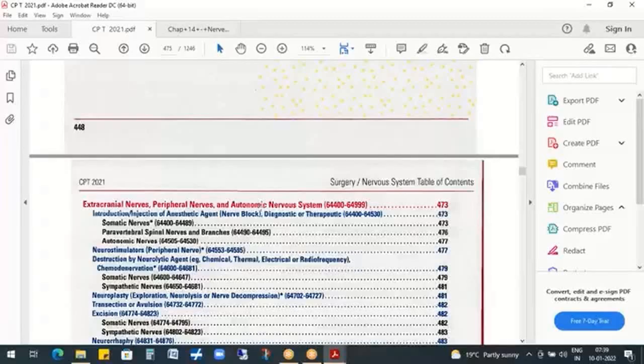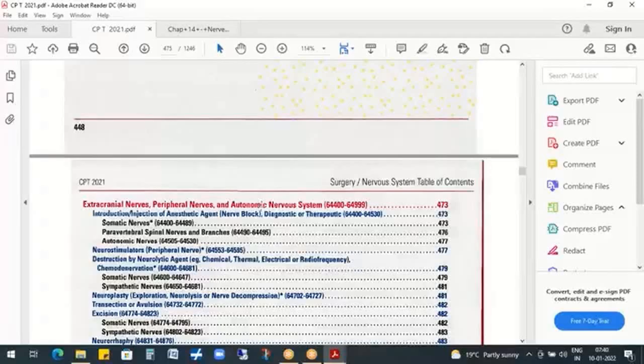Neurolysis. Next one, destruction of nerve or chemodenervation.